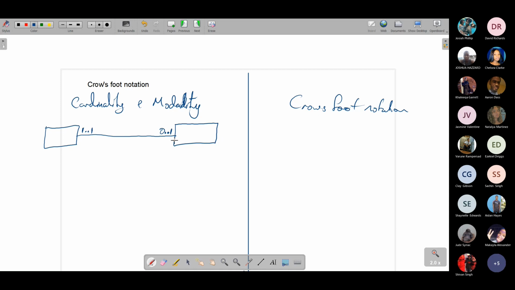Okay, so what does this tell us in terms of this relationship? It says that this first entity here participates with 0 or 1 instance of that next entity. So we have entity 1 and entity 2, right?